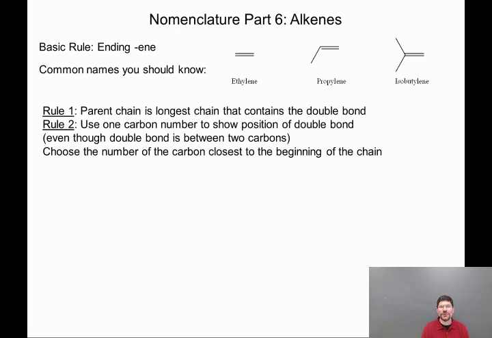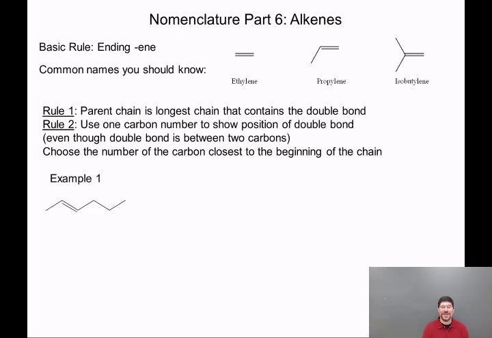And the second rule is that we need to show where the double bond is in the chain by using a number. The double bond is always between 2 carbons, but we're only going to use 1 carbon number to denote the position of the double bond. And we choose the number of the carbon closest to the beginning of the chain.